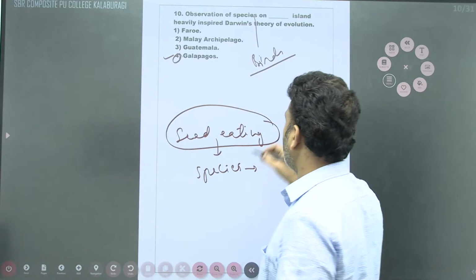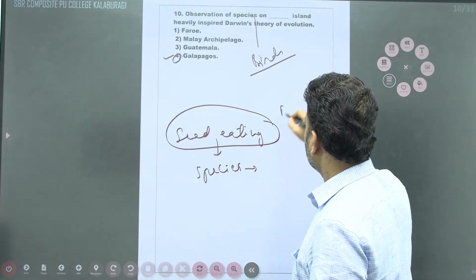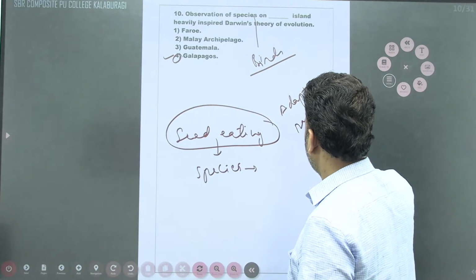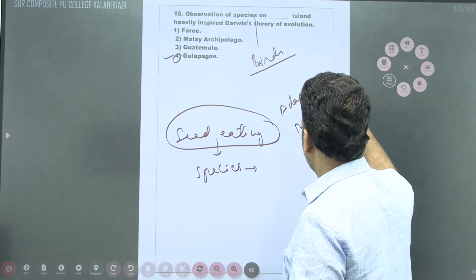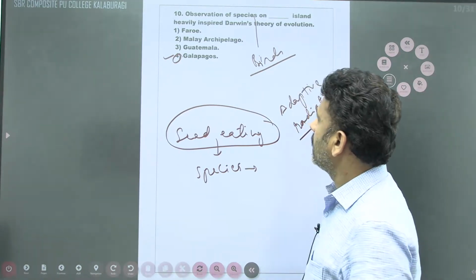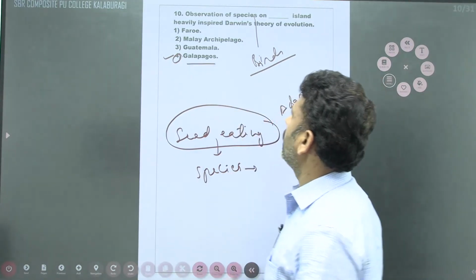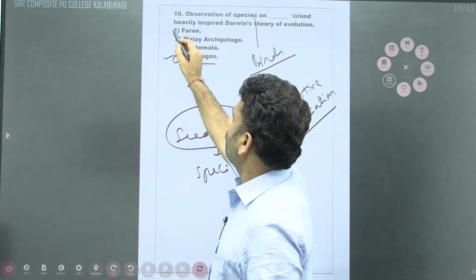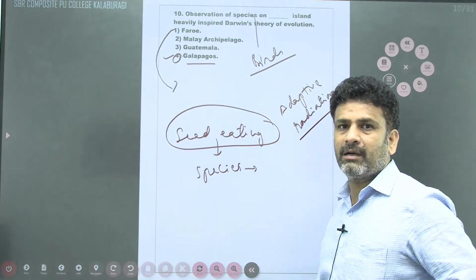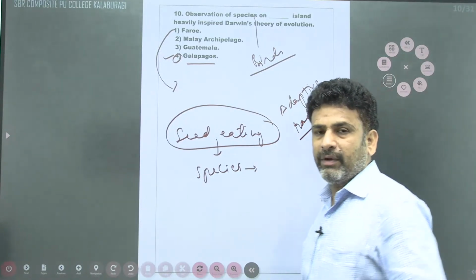So this is the best example for adaptive radiation. That's why it is the fourth option. The Farallon is one of the islands observed in the Mexico and US region.